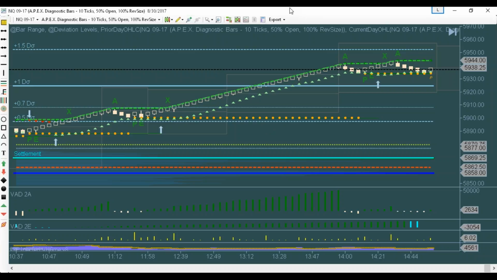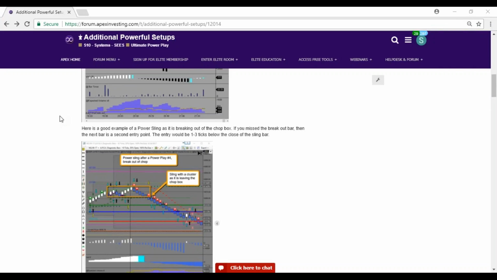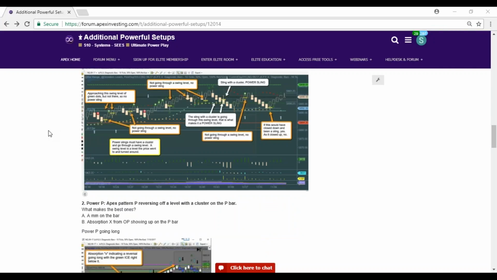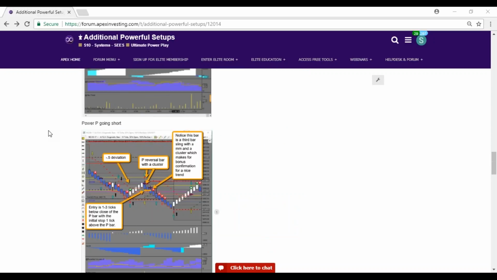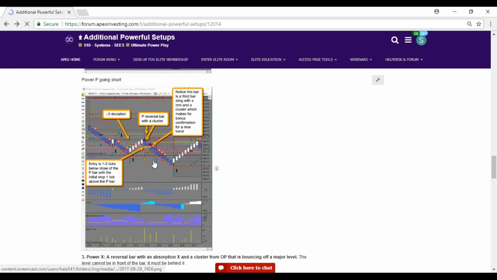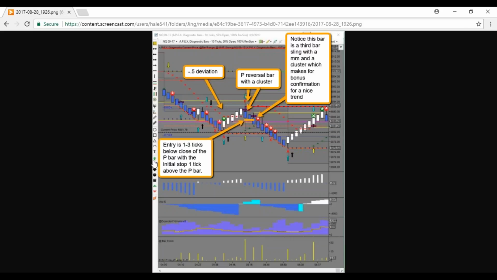So, all right, let's move forward here. Power, where are we at? So power P's, right? Very cool. Here's a power P short. Let's take a look here at the short.